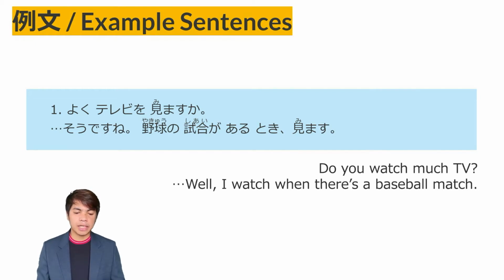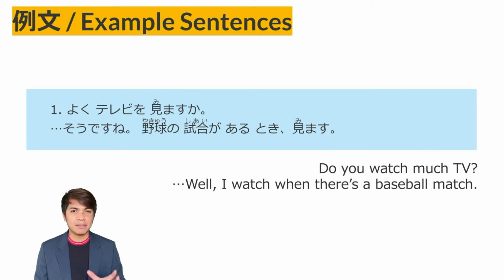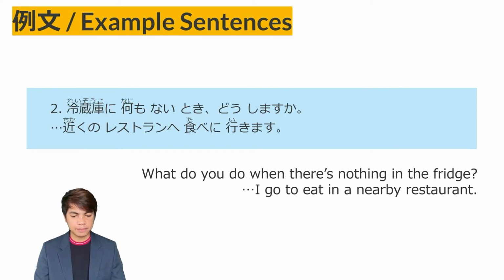Yakyū no shiai ga aru toki, from the sentence yakyū no shiai ga arimasu, there's a baseball match. Plus toki, arimasu becomes aru. Aru toki, when there is a baseball match, mimasu, I watch.